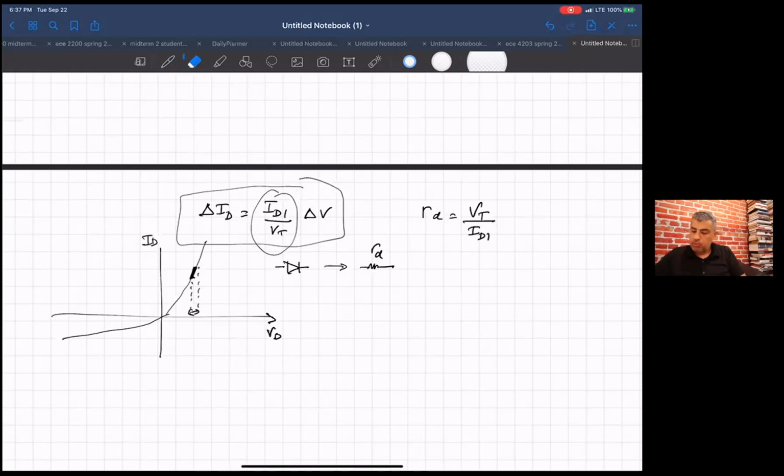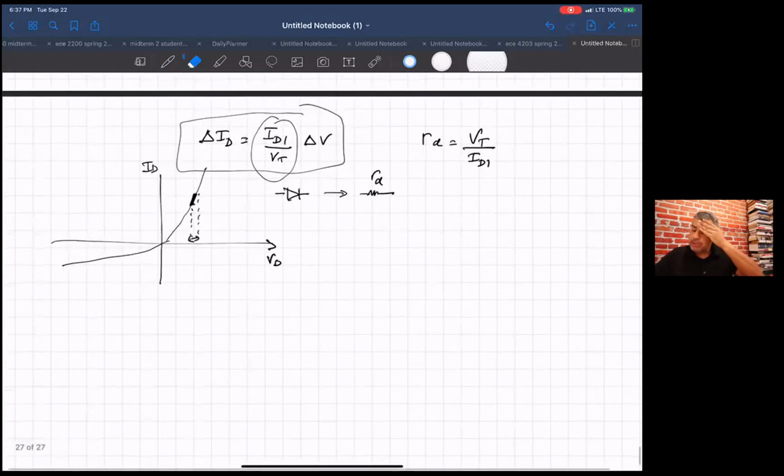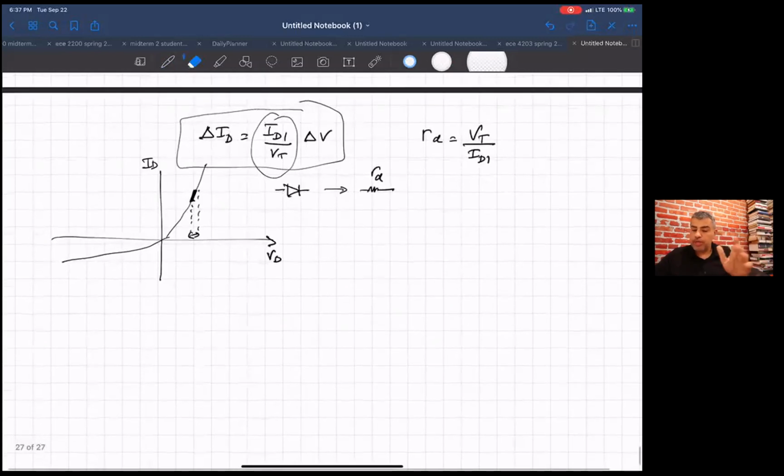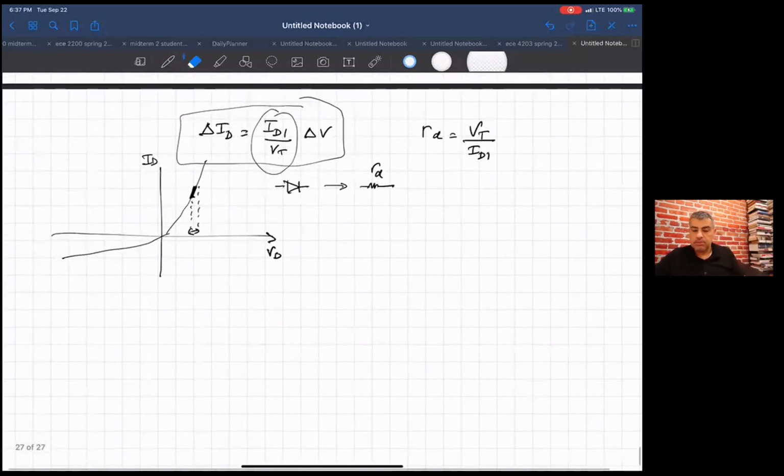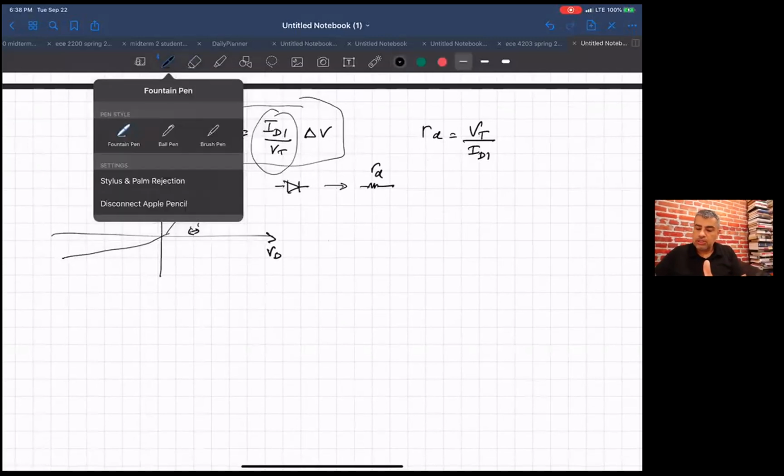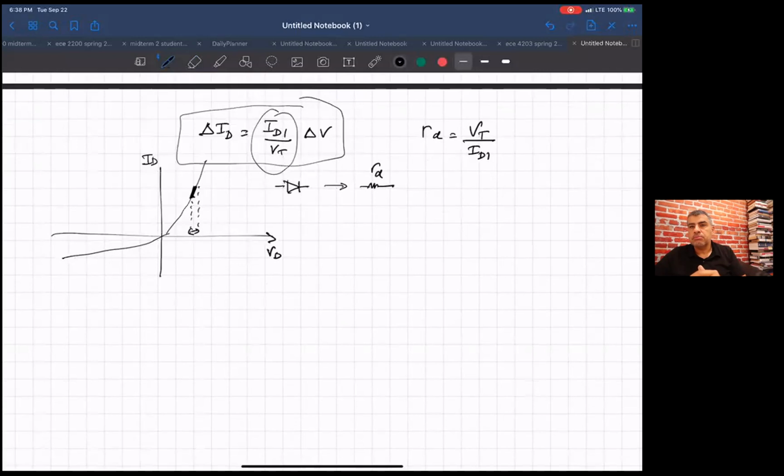Now some verbiage that will stay with you forever. When you're doing analog design, you talk about the bias point of your circuit.